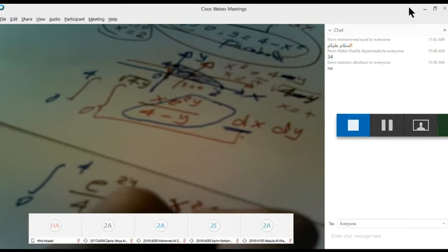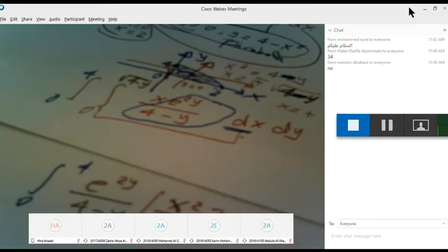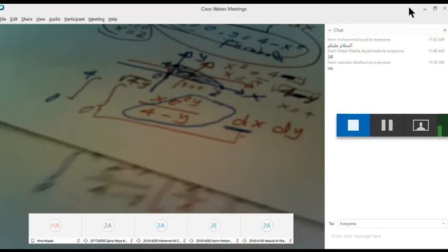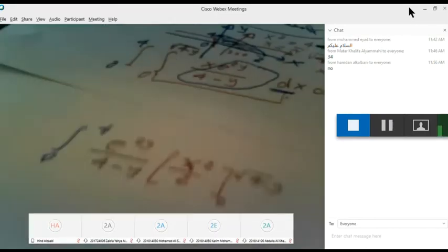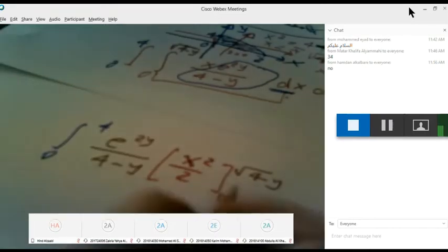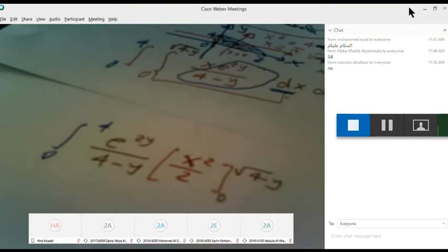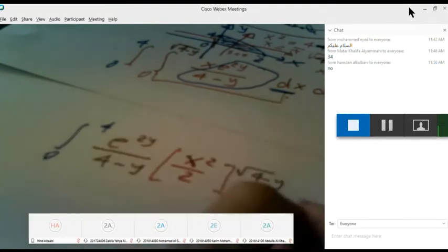Great. Now, don't forget to substitute the upper bound of x and the lower bound. The upper bound is root square of 4 minus y, and the lower bound is 0.